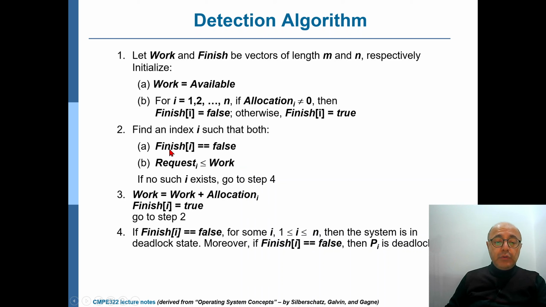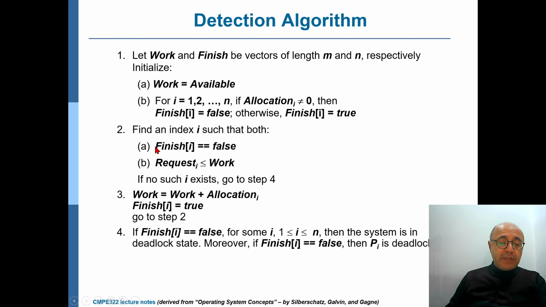And you repeat doing this for all processes. If there are no such processes, then you skip step 3 and directly go to step 4, because everything is finished, so we should be looking at the result. But let's have a look at stage 3.